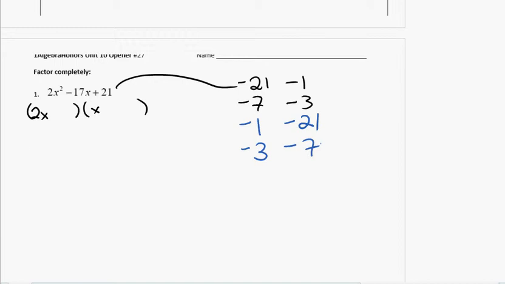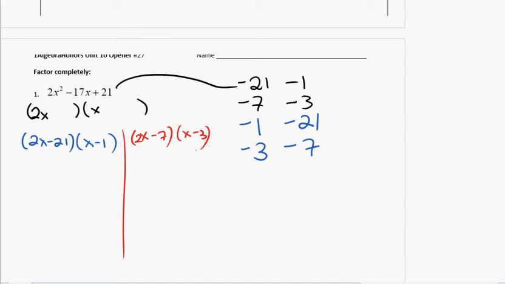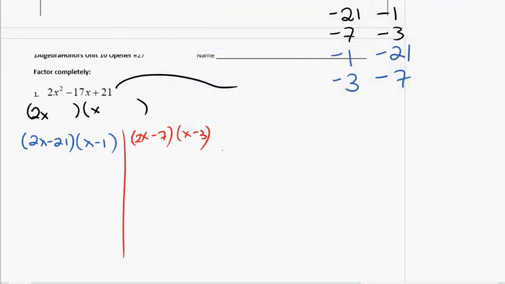Let's try it. So the first thing I'm going to try is 2x minus 21, x minus 1. The second thing I'm going to try, by the way, I would try it before I tried the second thing, but just to lay it out, 2x minus 7, x minus 3. Hopefully I get it before I try everything I need to try, but keep going.